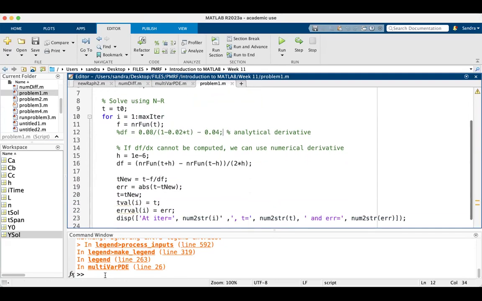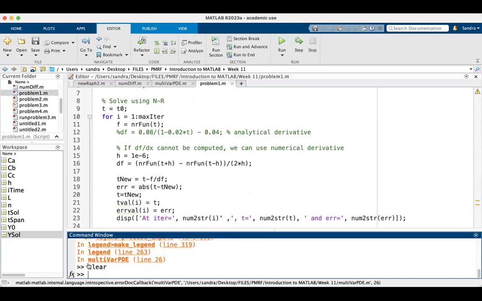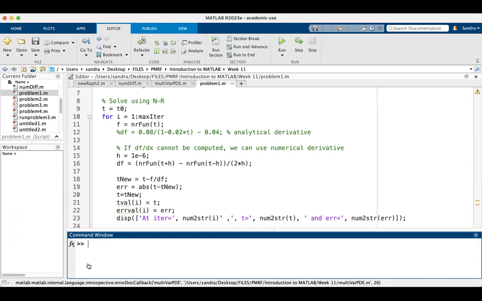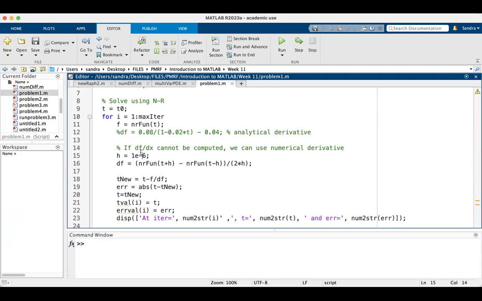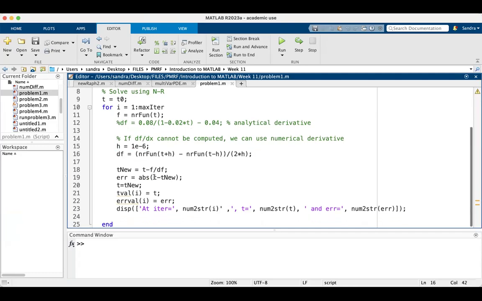So first let me do one thing. We'll try using numerical derivative and then we'll compare with the analytical derivative answers. For the numerical derivative, I declare h to be a very small value. Then I calculate the numerical derivative using central differencing divided by 2h. And this is my Newton-Raphson formula, T minus F divided by dF. So this is my new update.